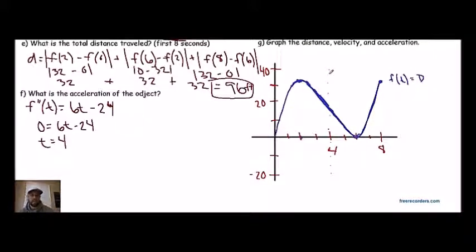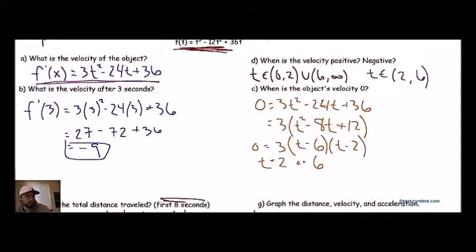So let's plug 4 into the velocity equation. So our f prime of 4. What is my velocity at 4 seconds? We see that the velocity at 4 seconds is somewhere around negative 12, I think. That's what my graph kind of shows. Or we can double check it, right?